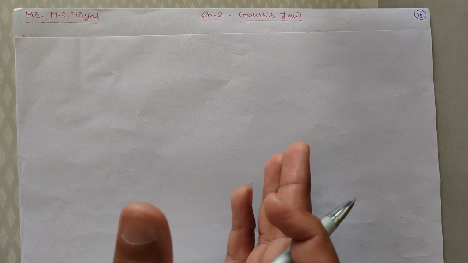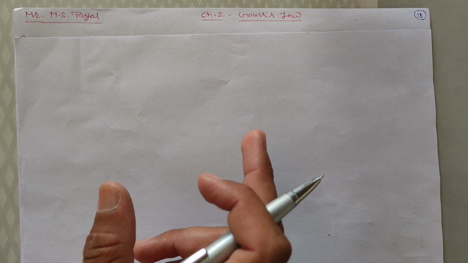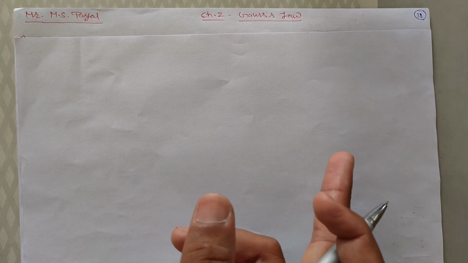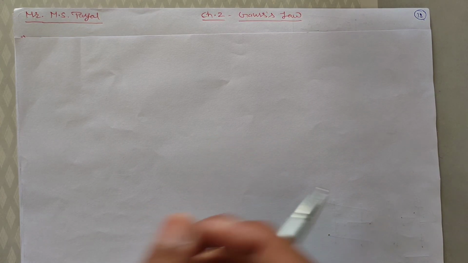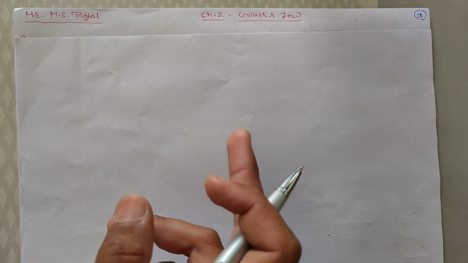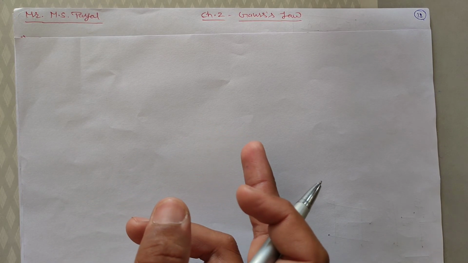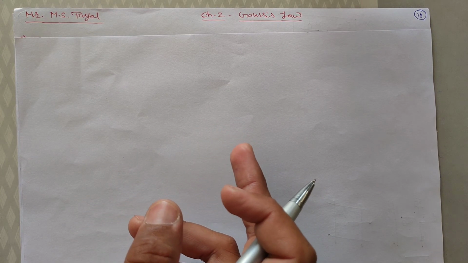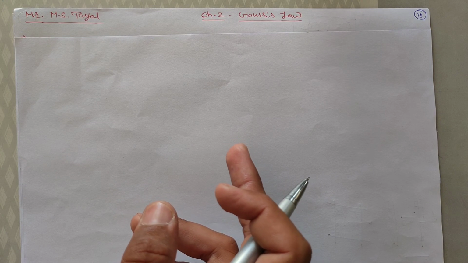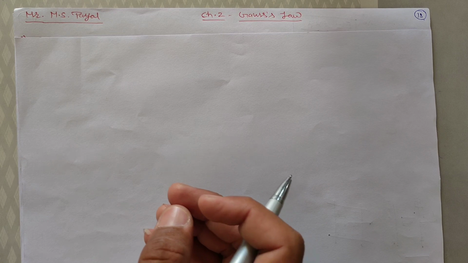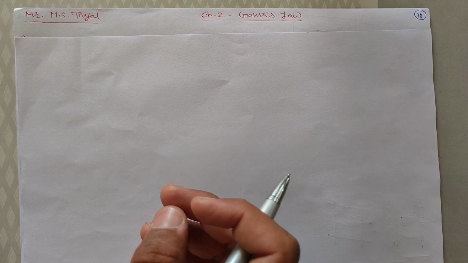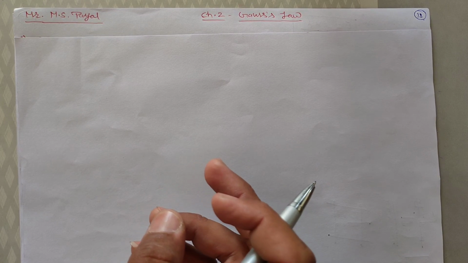In mathematical form, phi E is equal to summation q upon epsilon naught. Here phi is the electric flux, summation q is the algebraic sum of charges enclosed by the closed surface, and epsilon naught is the permittivity of vacuum.